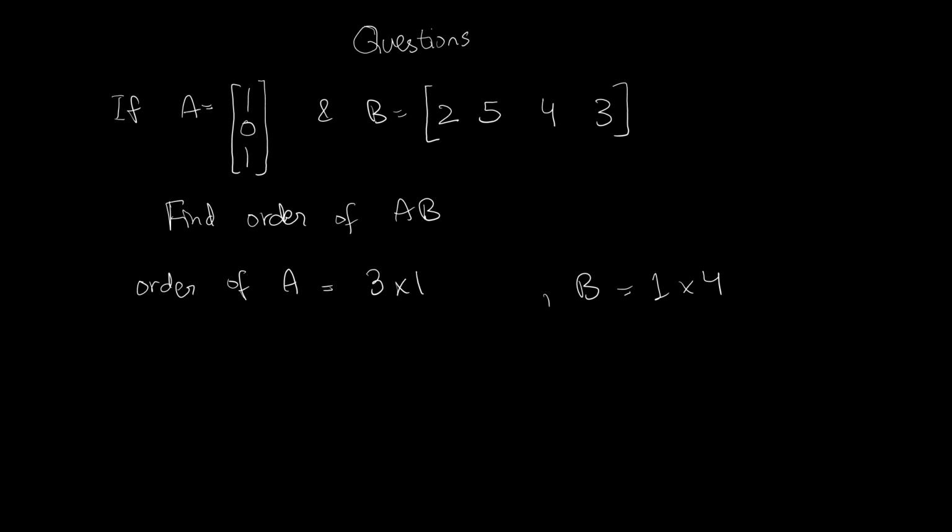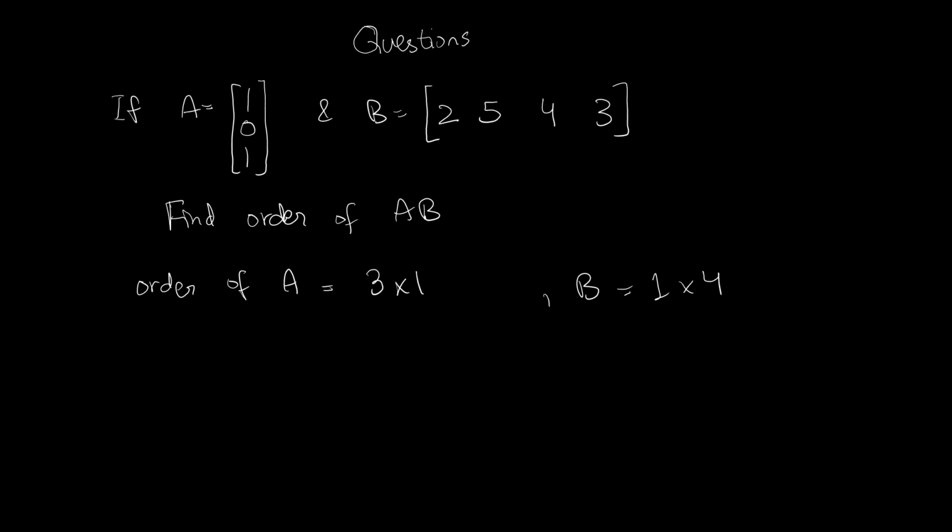So, as I told you earlier, the order of AB will be equal to rows in the first by columns in the second. And there is a catch: before solving for the order of AB, you first have to verify if the multiplication is possible.